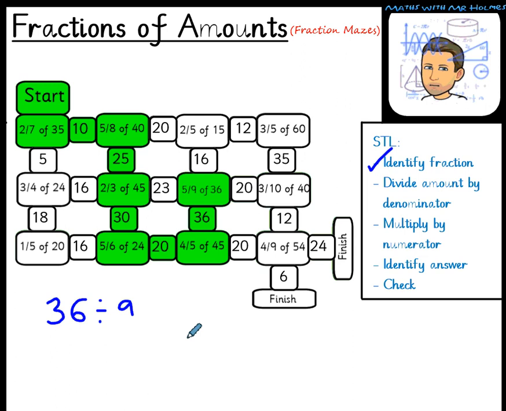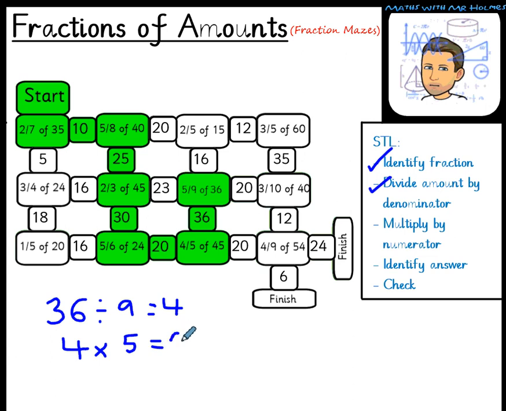Ooh, this previous question, I think, is going to help me with that fact. 36 divided by 9 is 4, because I know 4 times 9 is 36. Now I need to multiply this amount by my numerator, which I'll check is 5. 4 times 5.